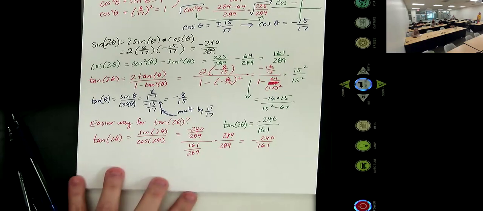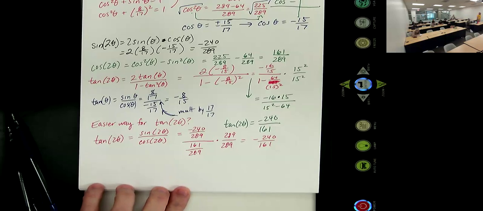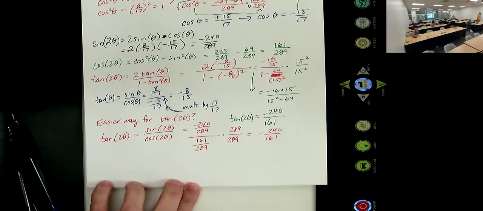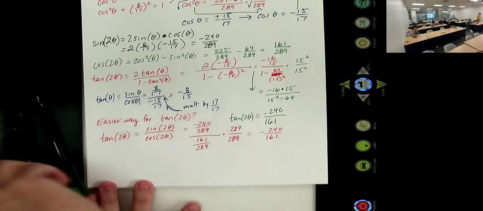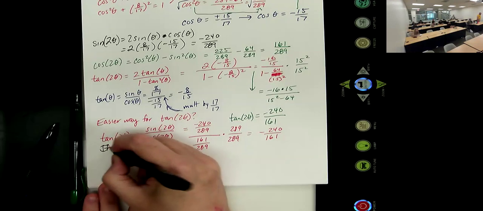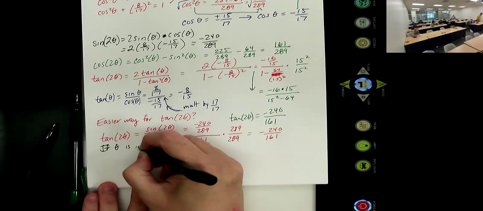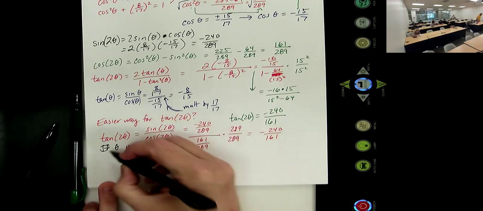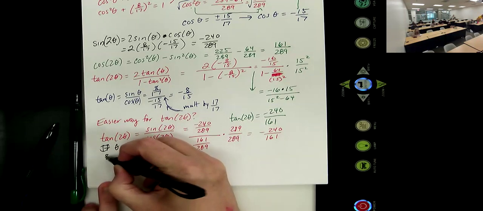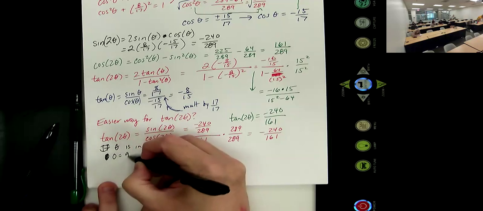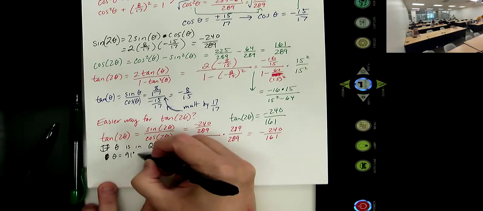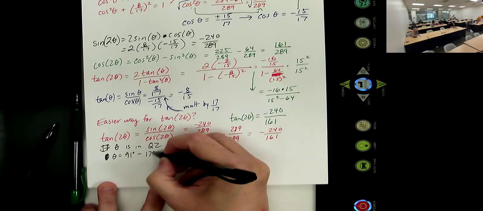One more question before we go on to another example. So if theta is in quadrant 2, theta could be 91 degrees up to 179 degrees.